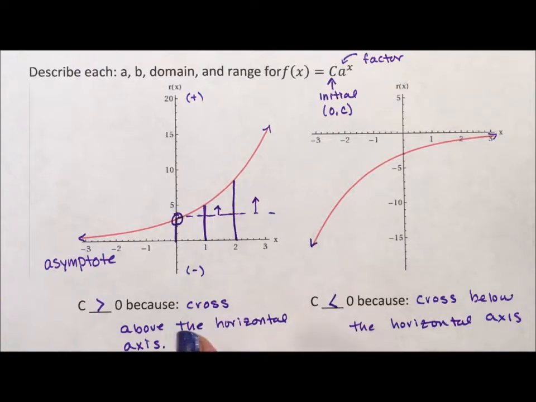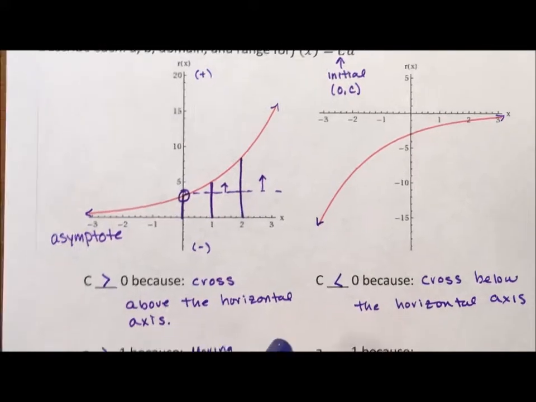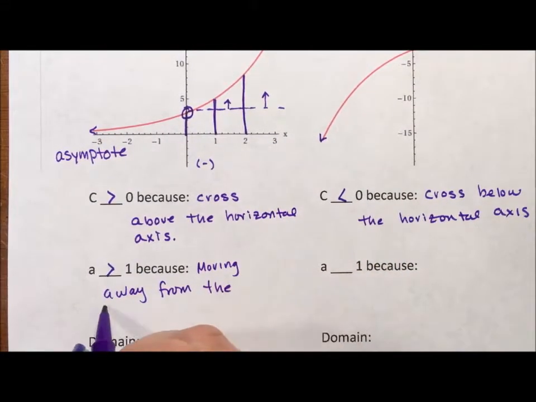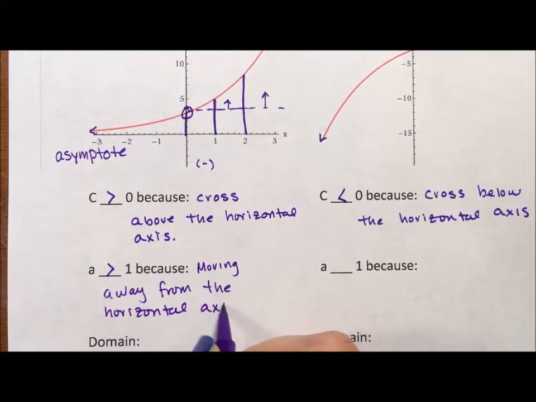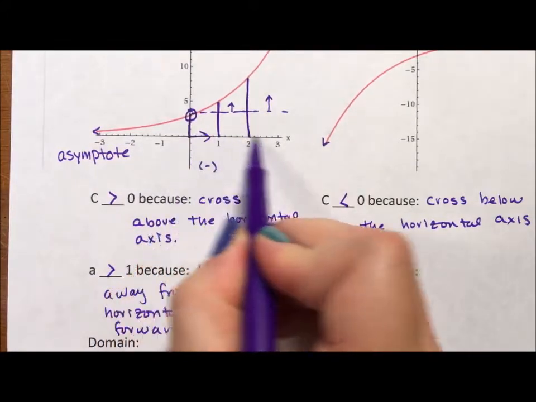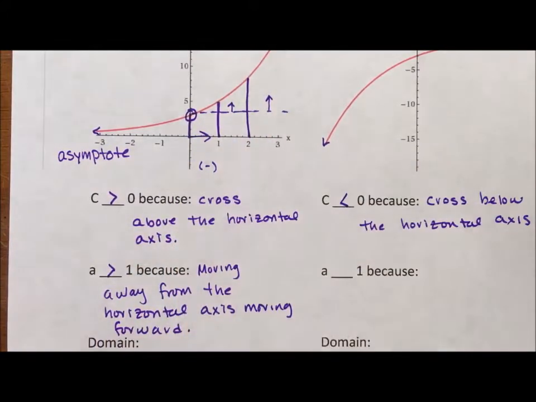And it's because we are moving away from the horizontal axis, moving forward. We read from left to right, so we read this way. As we move forward in time, we're getting further and further away.